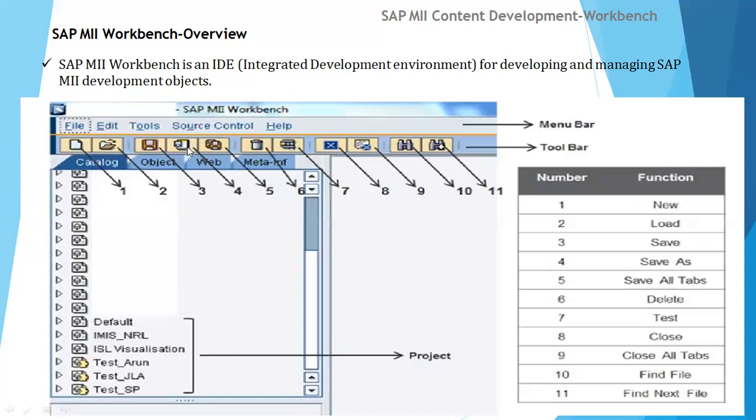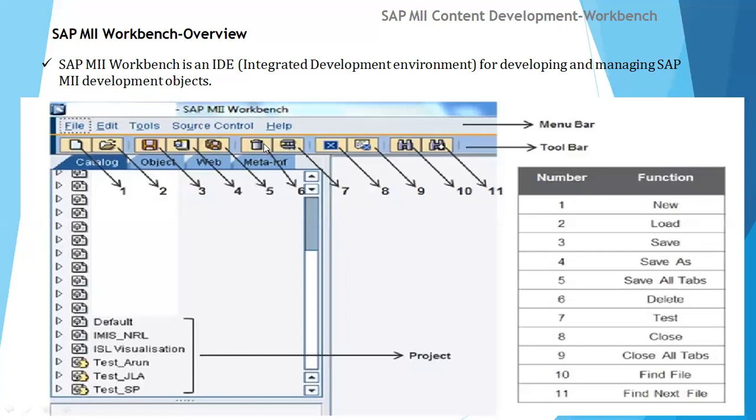If you want to create a copy of an object, you can use save as. And there is save all. Suppose you have created three objects and have not saved them. If you want to save all three in one shot, you can click on save all, and all three unsaved documents will be saved.